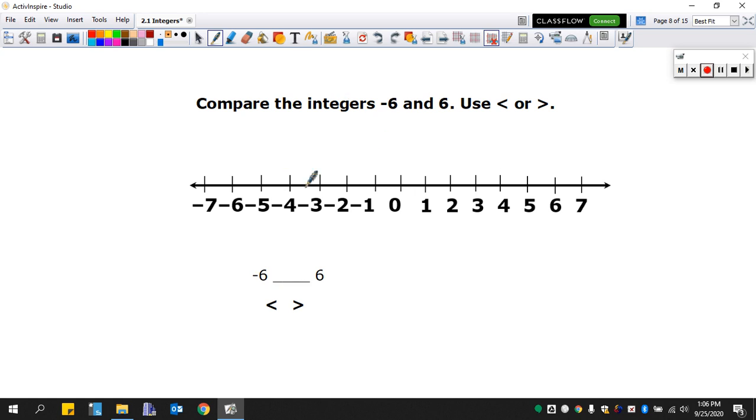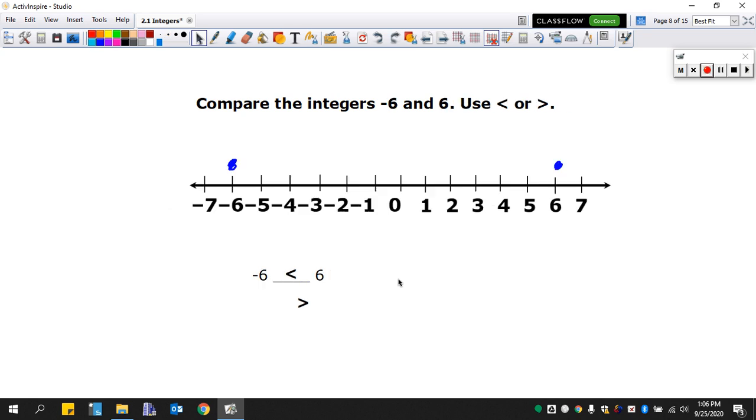Negative 6 and positive 6. There again, this is just like the 4s. Negative 6 and positive 6. Here it says negative 6 comes first, so negative 6 is less than positive 6.